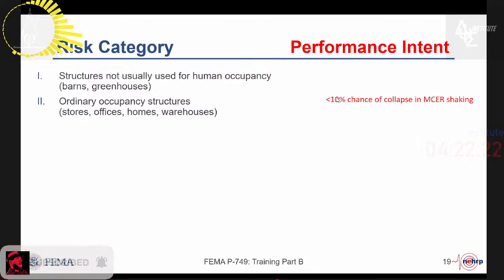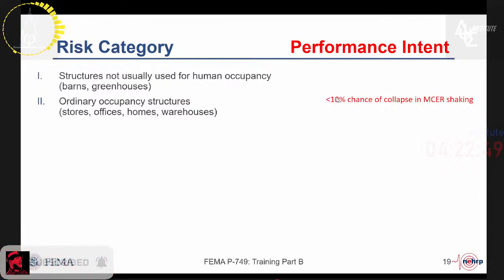The performance intent for seismic resistance in ASCE 7 and the building code is actually identical for risk category 1 and 2 structures. And the primary intent of the ASCE 7 provisions is simply that there is less than a 10% chance of collapse in the event that the structures experience what we call maximum considered earthquake response shaking.